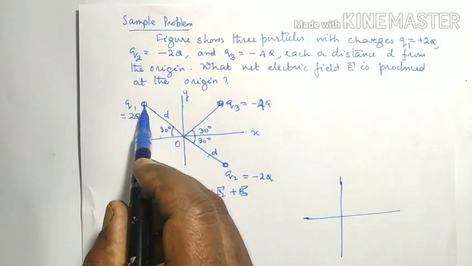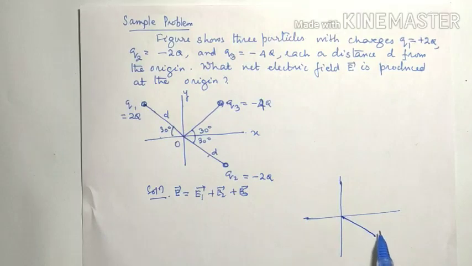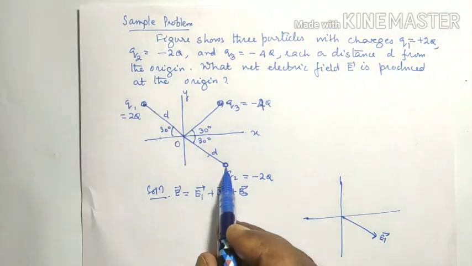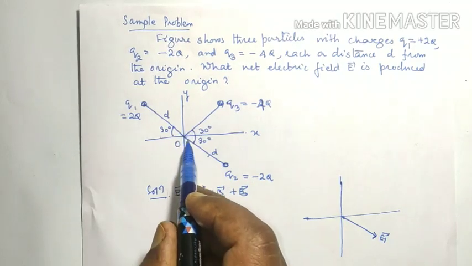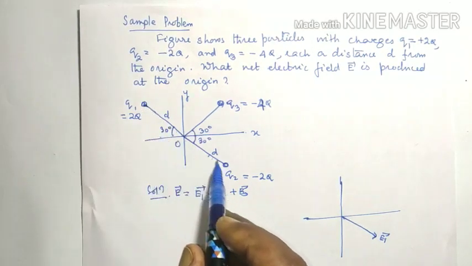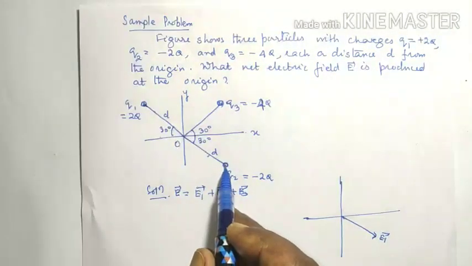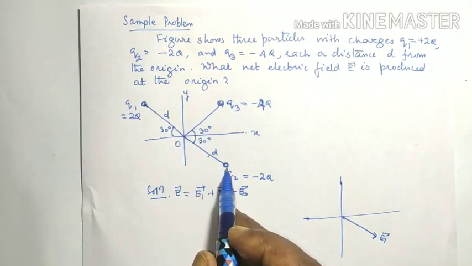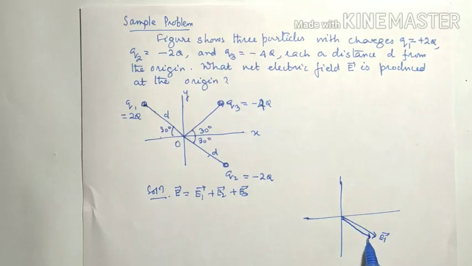The E1 vector is directed away from charge Q1, that is along this direction. This is E1. Q2 is a negative charge, so its electric field is towards Q2. The electric field of a positive charge is directed away, and the electric field of a negative charge is directed towards it, which here means the same direction.